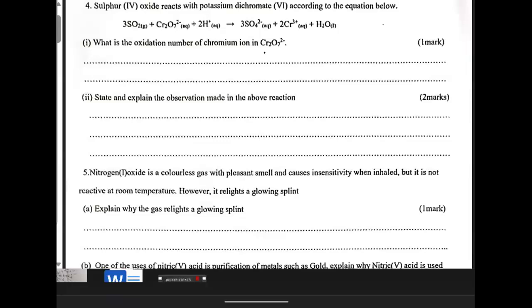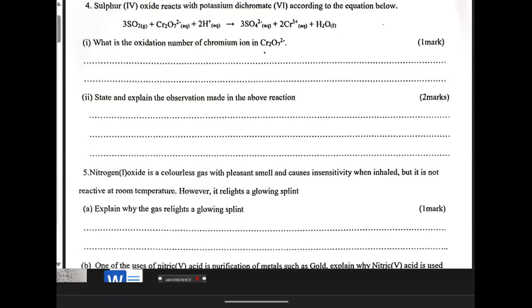So in that case, if the glowing splint is hot, the heat given out is the one that is going to decompose the nitrogen 1 oxide into nitrogen and oxygen. Then the oxygen given out will rekindle the glowing splint.